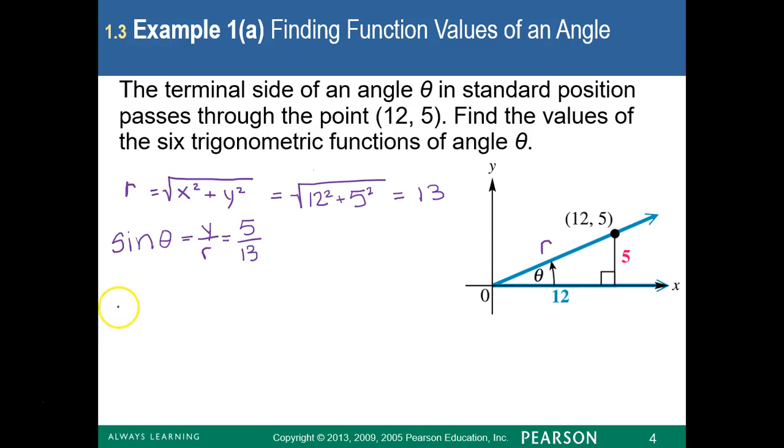So sine of theta is 5 over 13. Cosine of theta is x over r, which is equal to 12 over 13. And now let's find tangent. That is y over x, which is equal to 5 over 12.